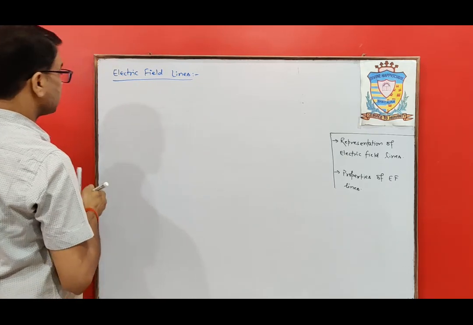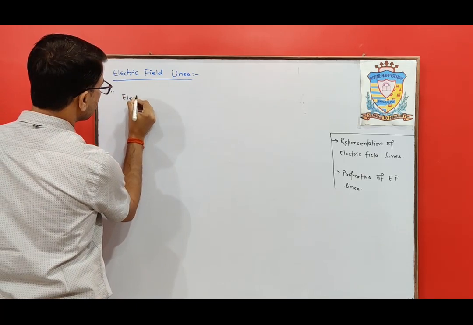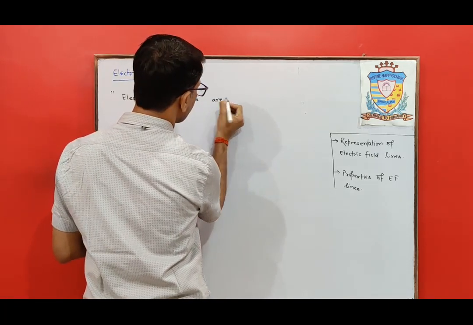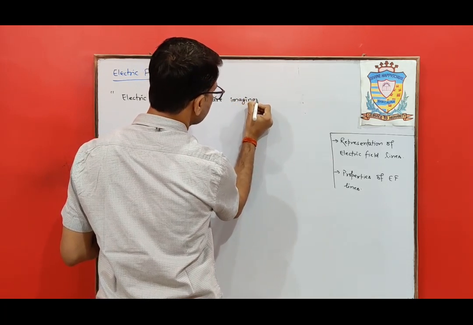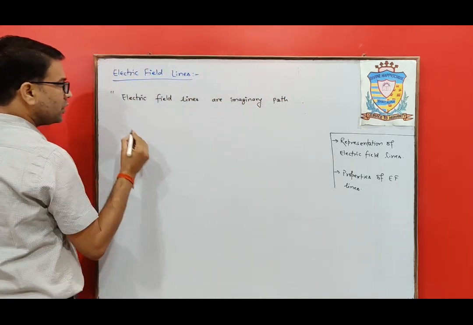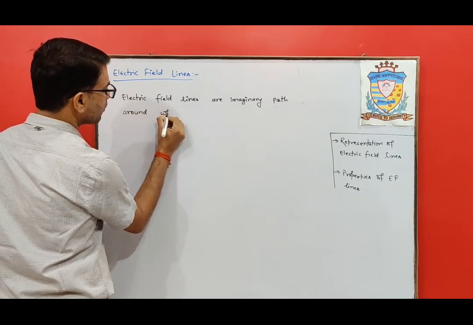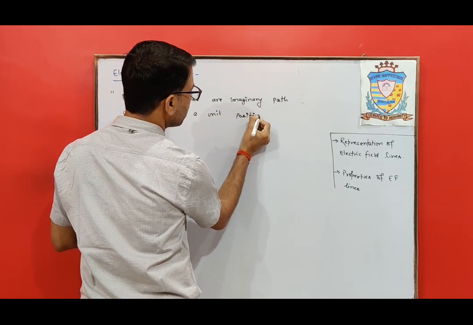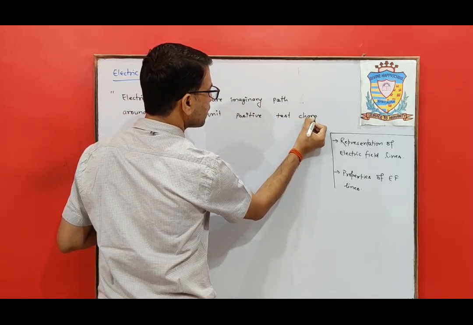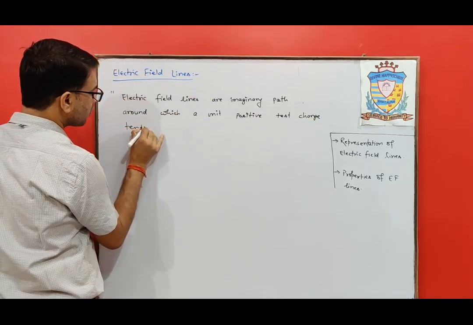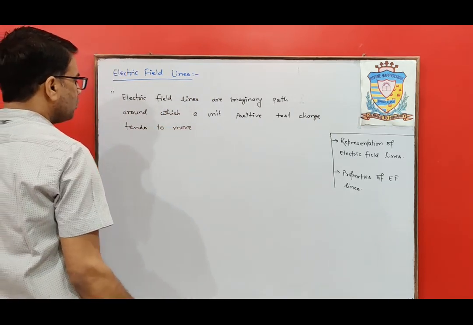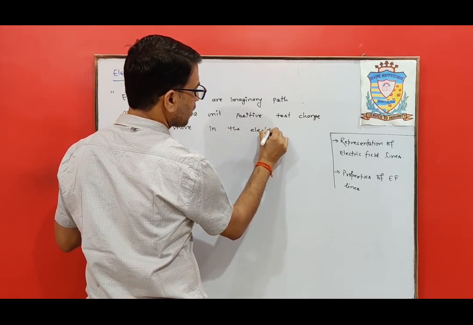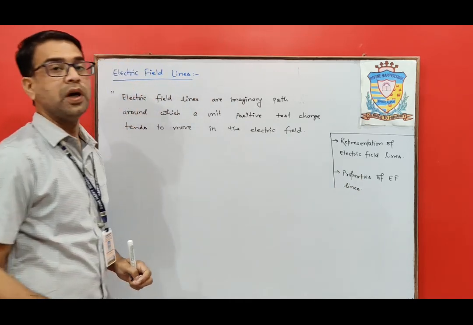Electric field lines are imaginary paths along which a unit positive test charge tends to move in the electric field of the source charge.